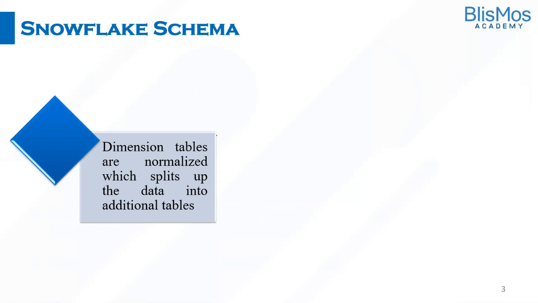When you are normalizing the dimension tables, multiple dimension tables will have additional tables. With that, the number of dimension tables would increase as compared to the star schema. And when we arrange all those dimension tables around the fact table, it looks like a snowflake. That is the reason it is called a snowflake schema.